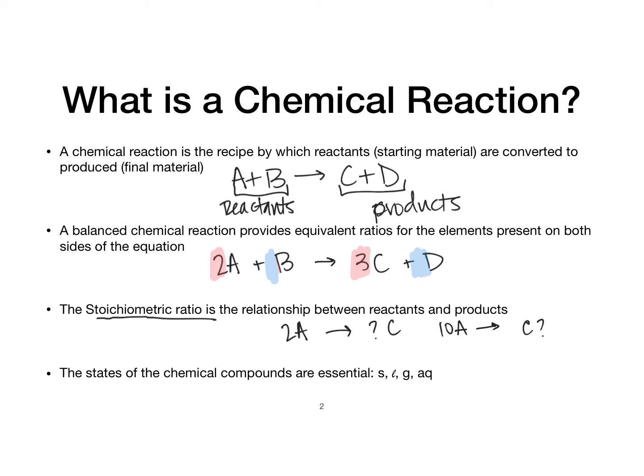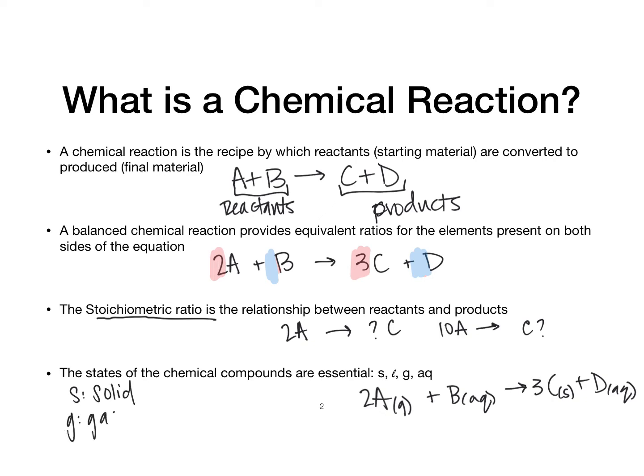So the other thing that we'll note is that all equations tend to come with states, where if we have 2A as a gas plus B, which is aqueous, gives us 3C as a solid, plus D, aqueous, where those states are S for solid, G gives you gas, L is liquid, and AQ stands for aqueous.